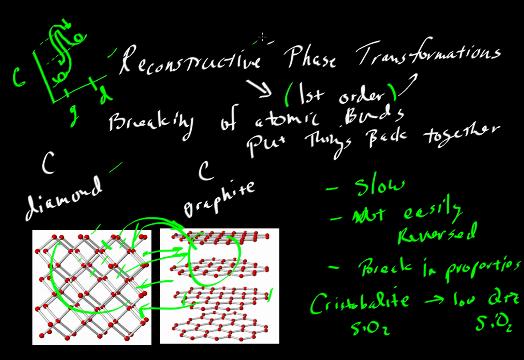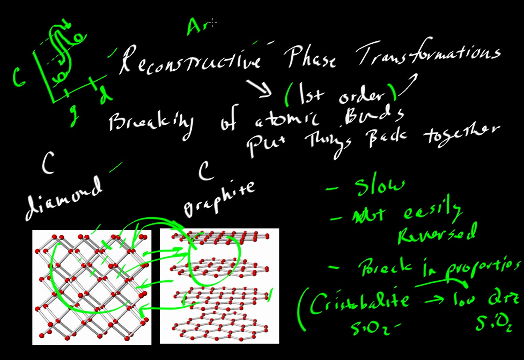It is another example of reconstructive phase transformation, and some lava flows that precipitate SiO2 will form it in the cristobalite phase. Even though it's sitting at the surface at much colder temperatures, it doesn't easily convert to that low quartz form because we need to break those bonds and rip them apart. It's very hard to do at low temperatures.